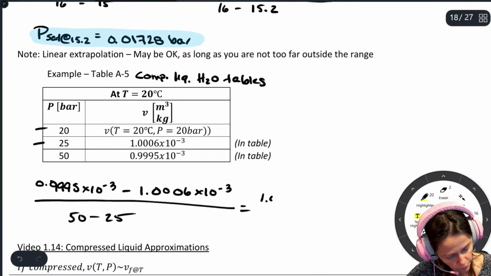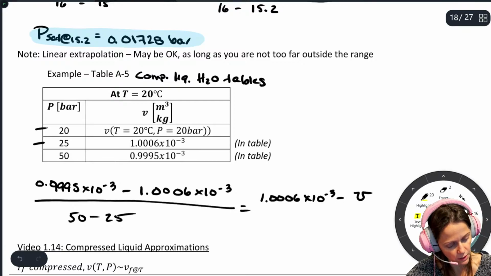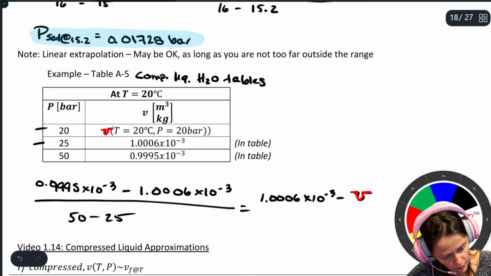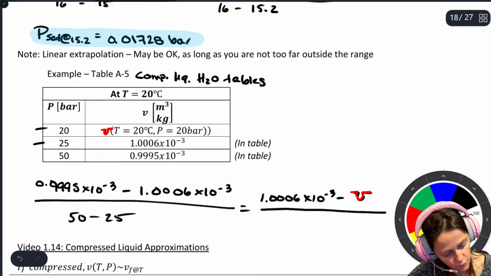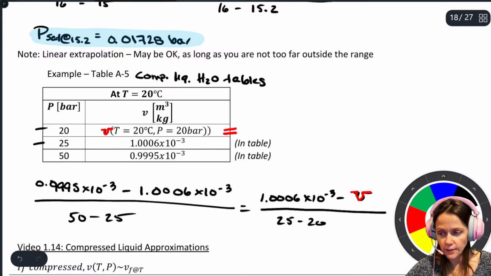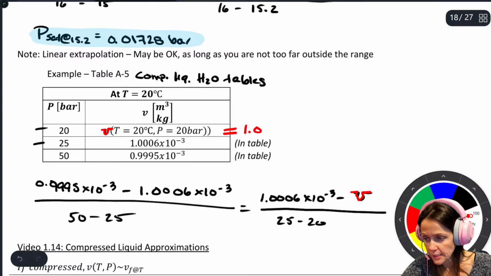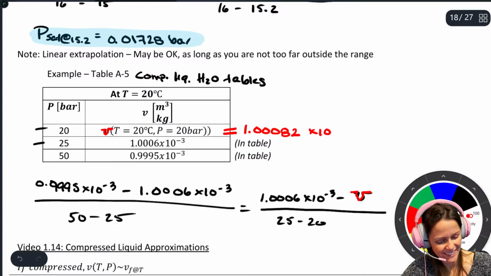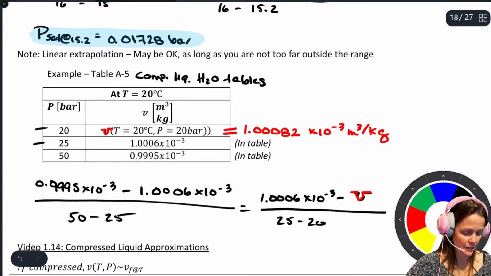So this would be 1.0006 times 10 to the negative 3 minus that specific volume that I'm interested in. Let's color code it just because. Over 25 minus 20. And I would calculate that this ends up being 1.00082 times 10 to the negative 3 meters cubed per kilogram.